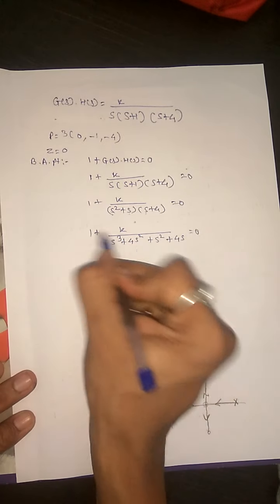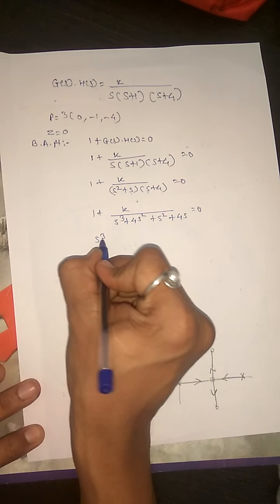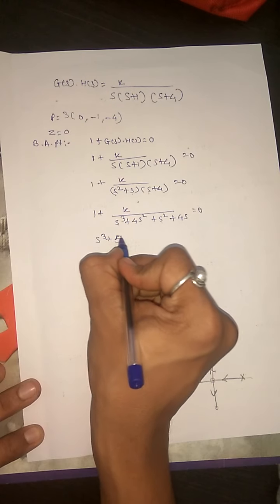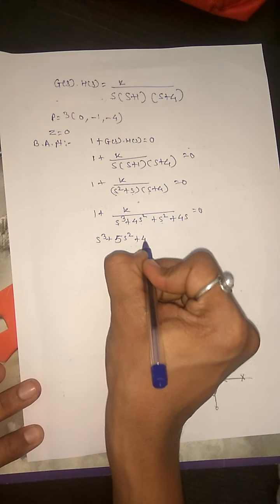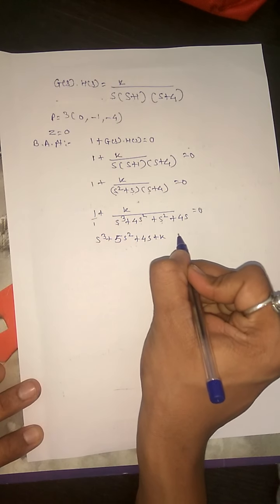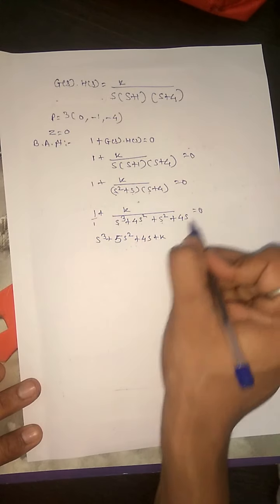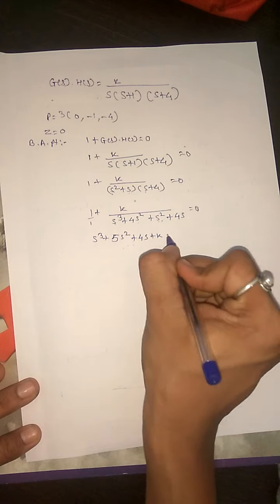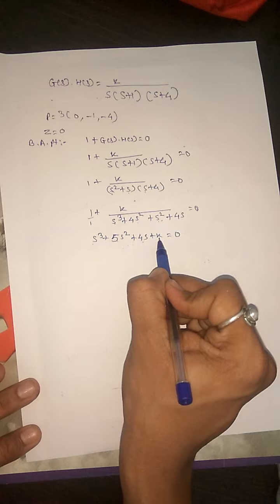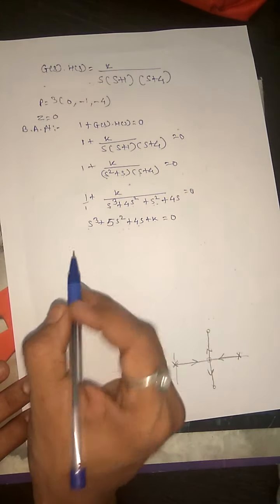Then cross multiplying, the whole term multiplied by 1, so s cube plus 4s square plus s square, that is 5s square plus 4s, plus 1 into K, equal to 0. So s cube plus 5s square plus 4s plus K equal to 0. This is your characteristic equation. This is the first step.